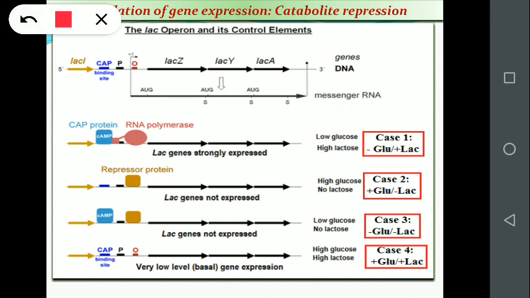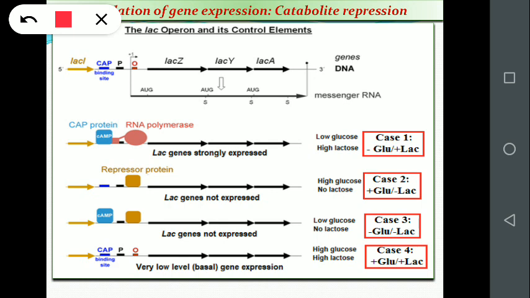The cyclic AMP along with the CRP binds to the cap site. This small one is the CRP protein, and this one is the cyclic AMP. So cyclic AMP binds CRP, and that complex binds to the cap site. Now it acts as an activator. So now we have the activator.